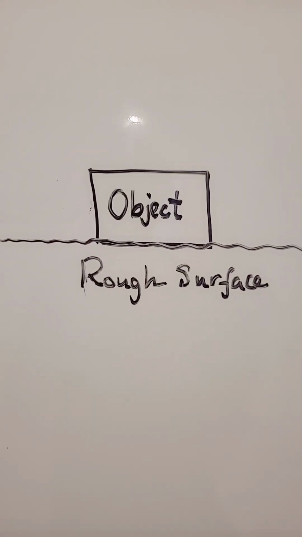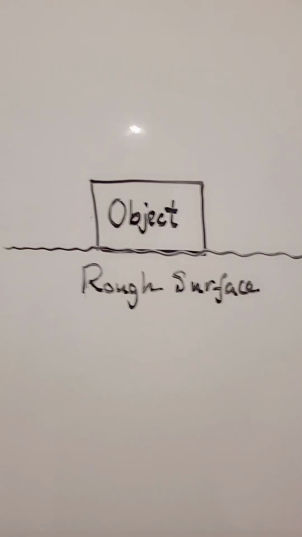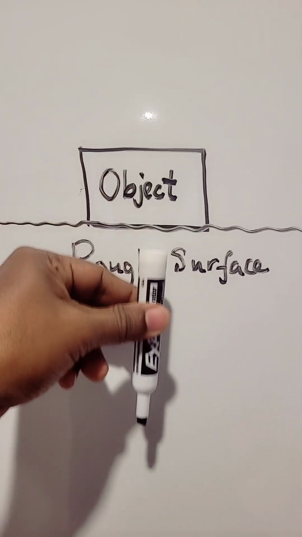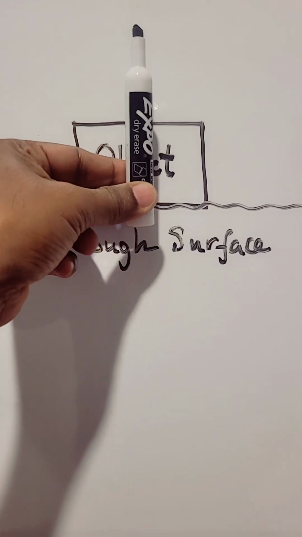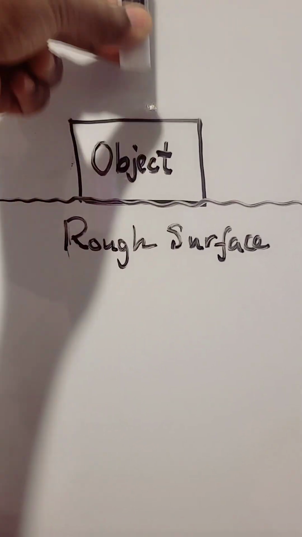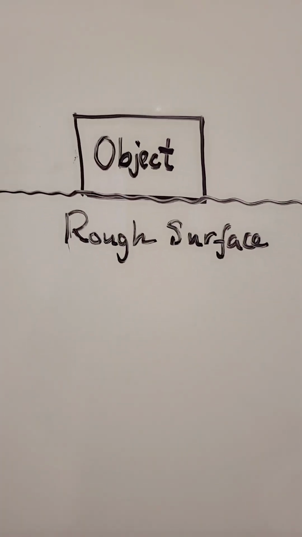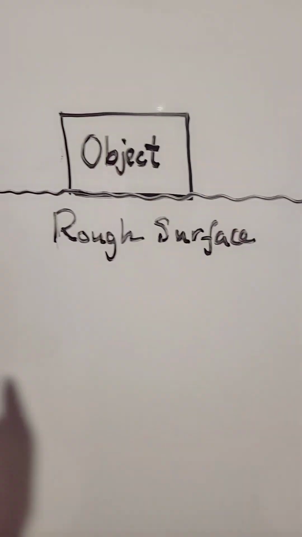So let's look at this object. You can see this object is on a rough surface. So there's weight acting vertically downward, and because there's a contact, there's a normal force acting in the opposite direction, in the upward direction. Okay, now there's no force acting on it in the horizontal direction.